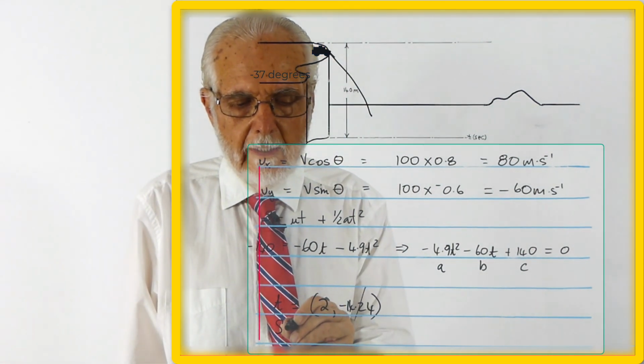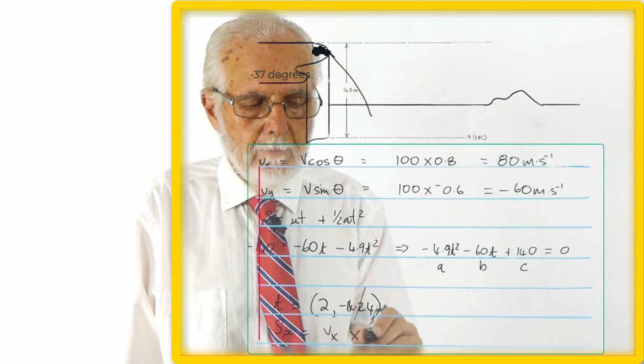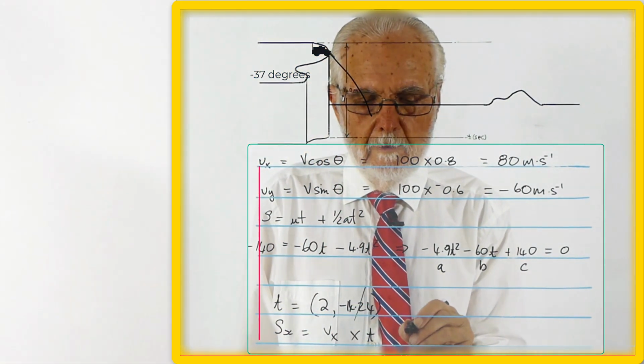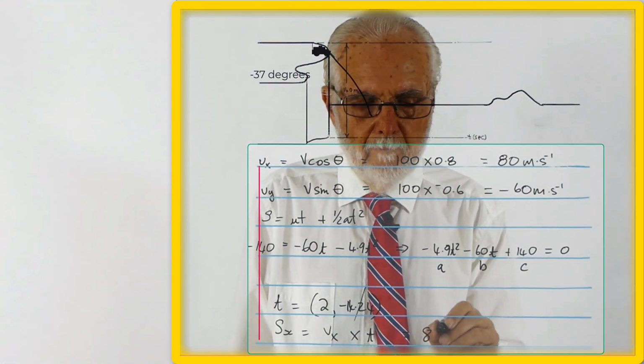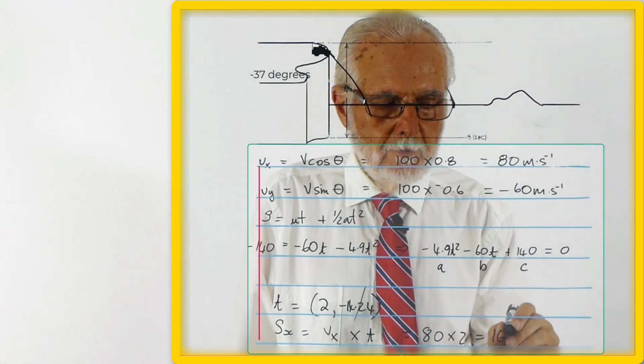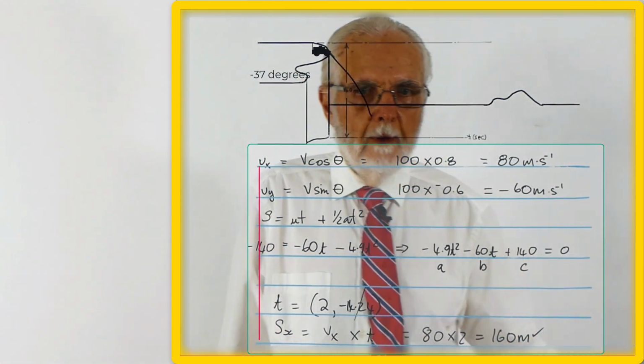So the range Sx is going to be equal to Ux times t, which is going to be 80 times 2, which is going to be 160 metres. Done.